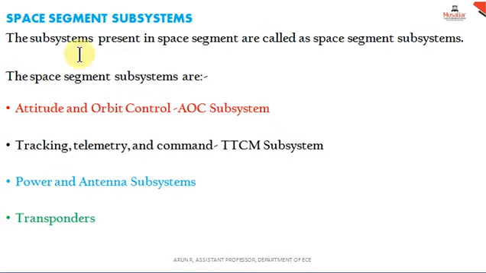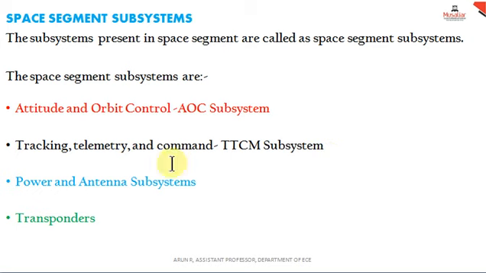What do you mean by space segment subsystem? The subsystems present in the space segment are called space segment subsystems, and the different types of subsystems included in this space segment are attitude and orbit control system, that is AOC subsystem, and tracking, telemetry and command subsystem, also known as TTCM subsystem.